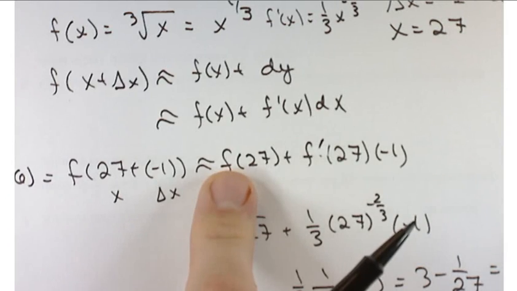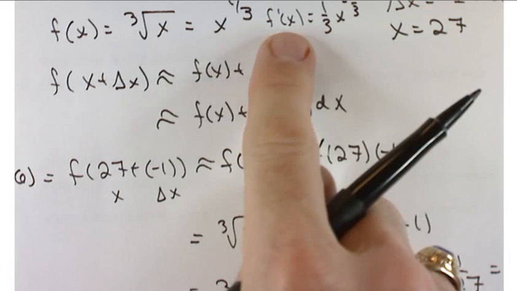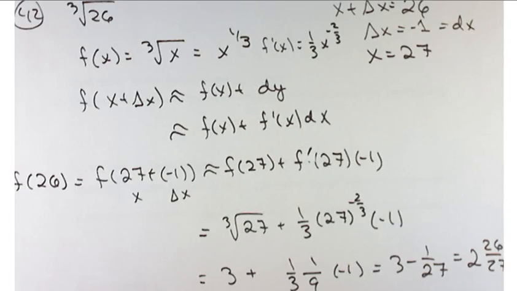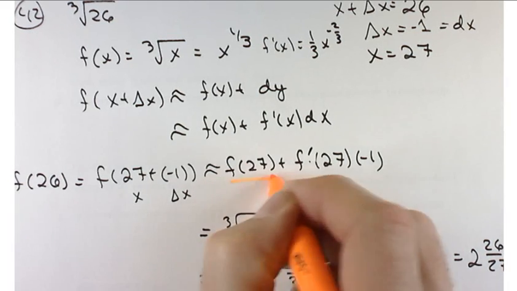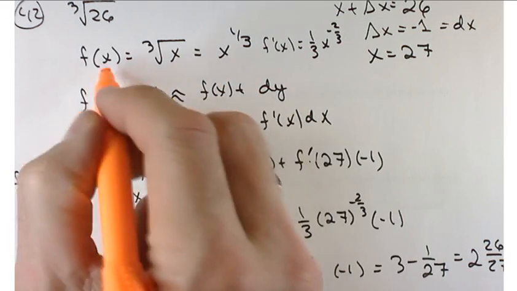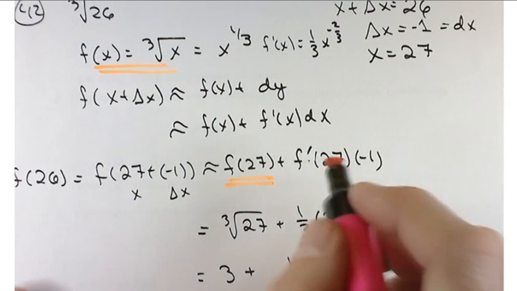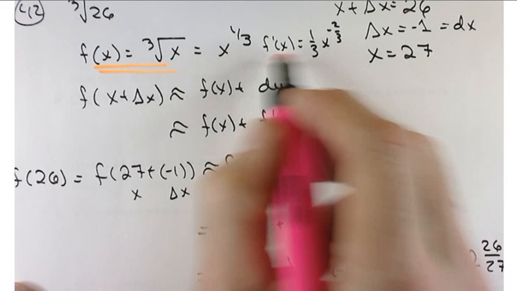Well, f would refer to this, and then f prime goes back to this. So that's exactly what I did when I calculated f of 27, I put it into this function. And then when I calculated f prime of 27, it went into that function.